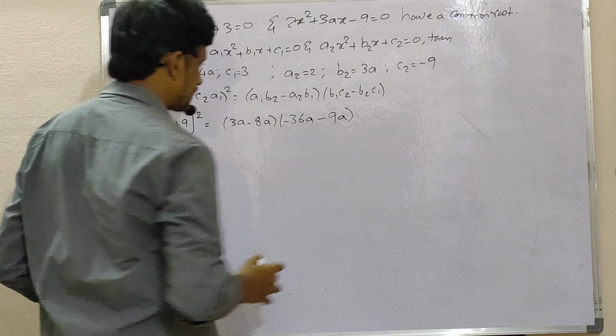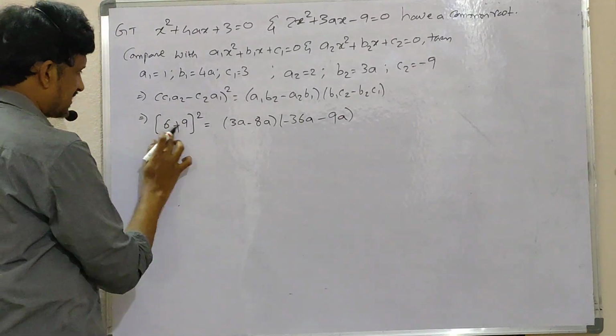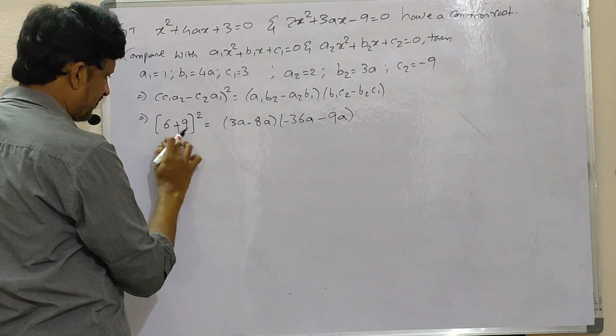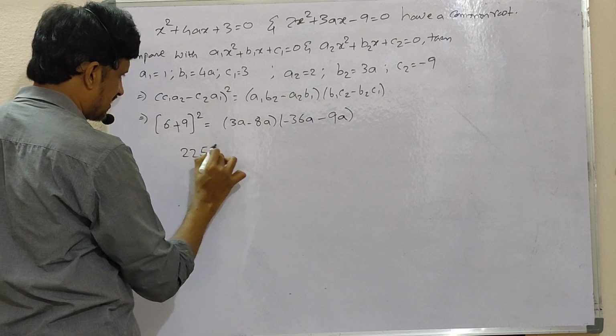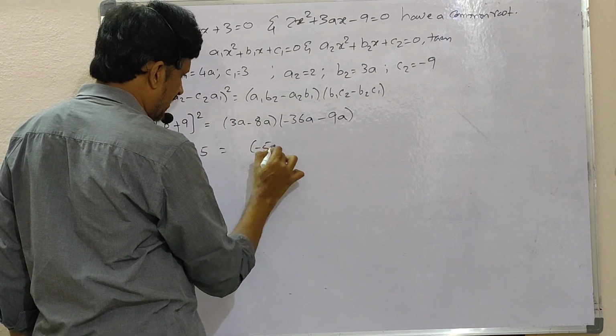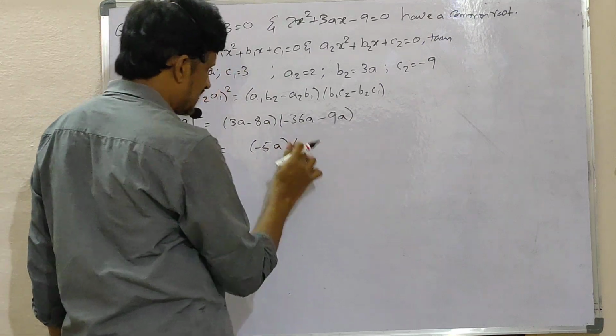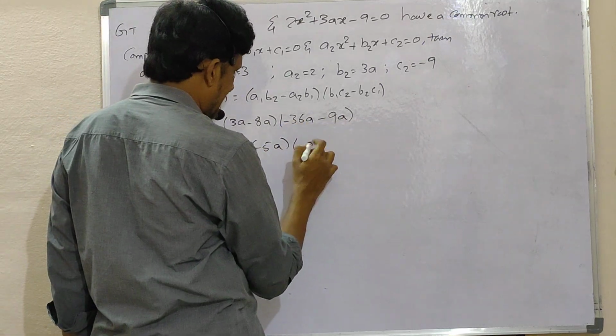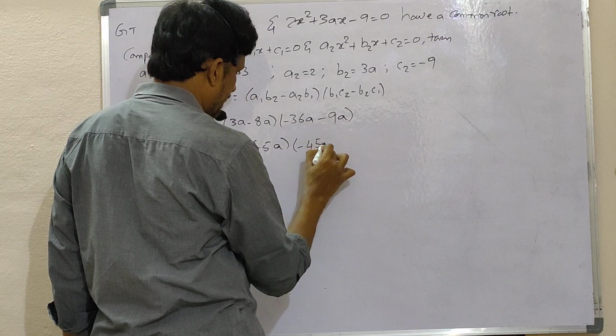So 6 plus 9 will be 15, and 15 square is 225, equal to 3a minus 8a, which is minus 5a, into minus 36a minus 9a, which will be minus 45a.